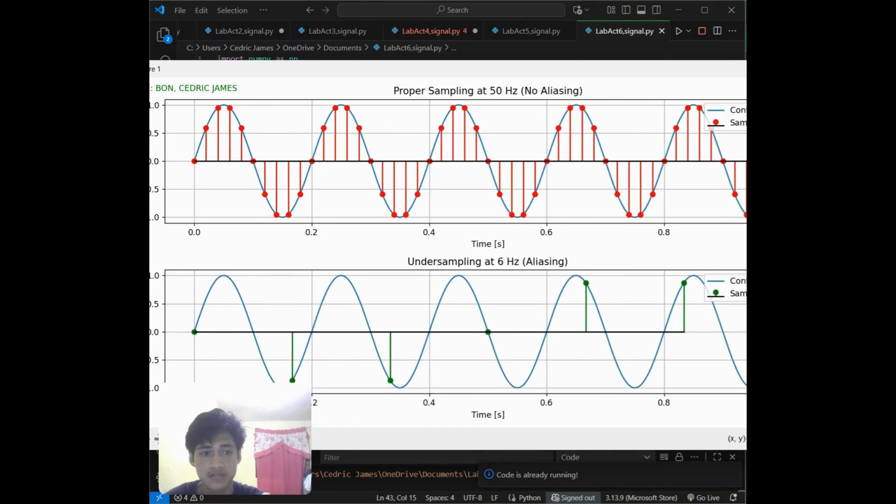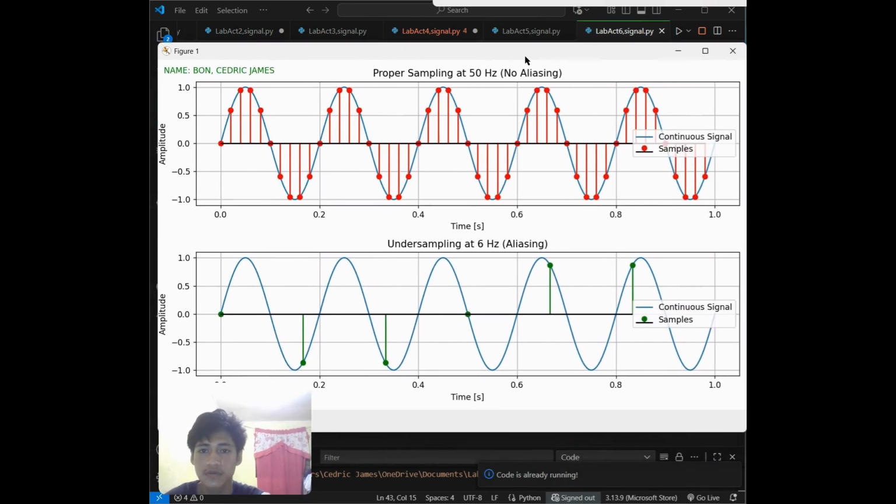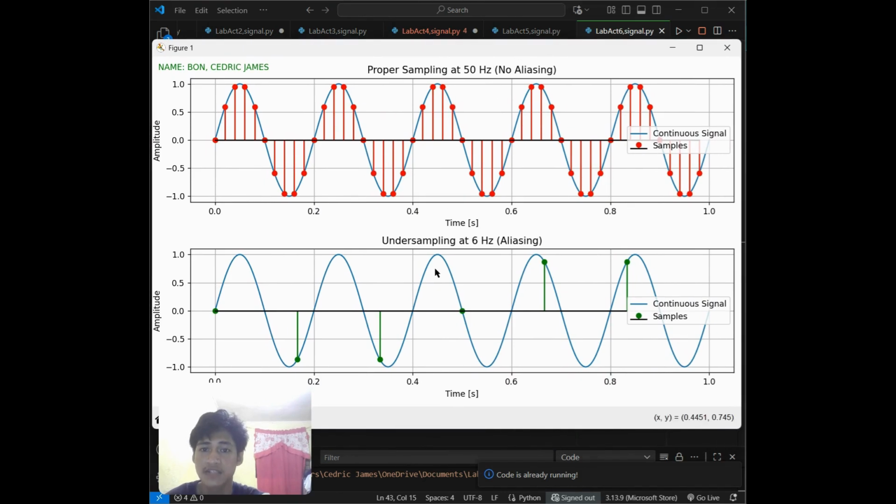And this is due to proper sampling and the undersampling waveforms. This has no aliasing, and this has aliasing since it is 6 hertz.